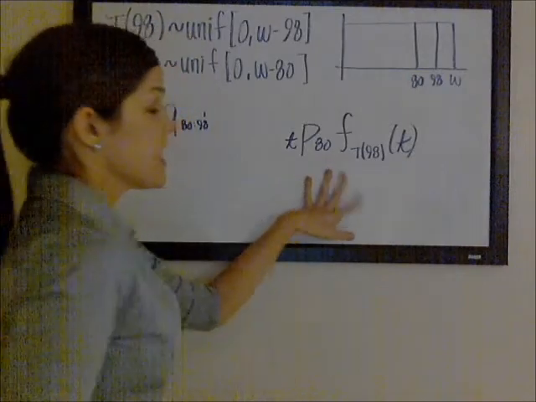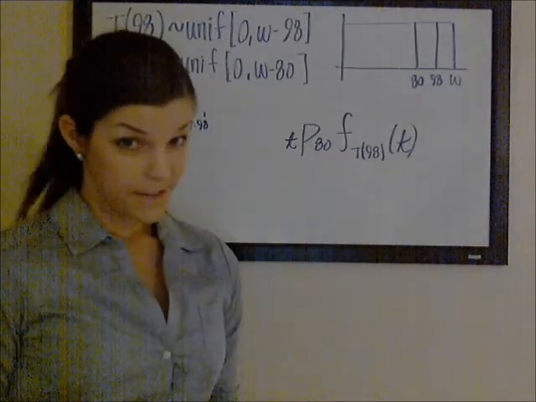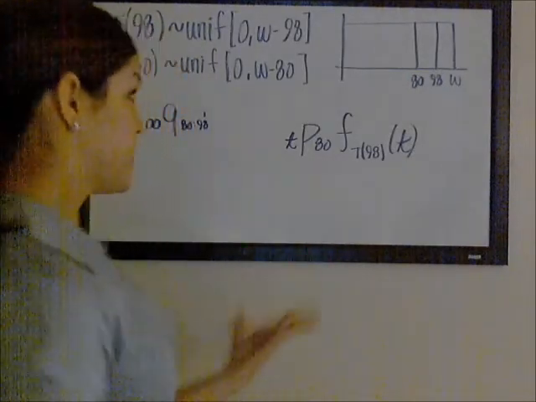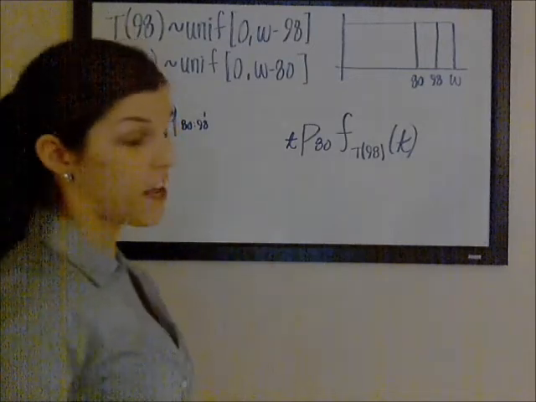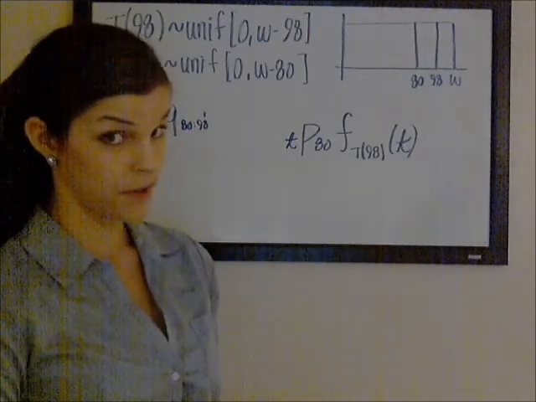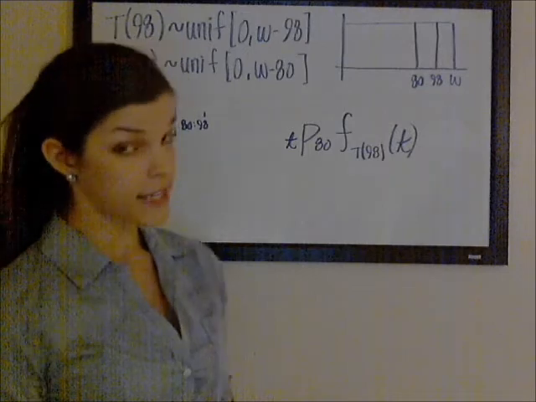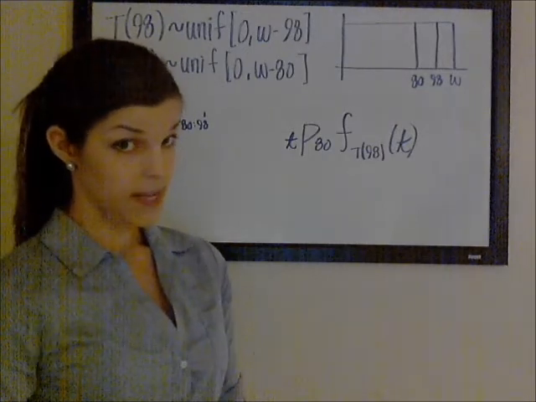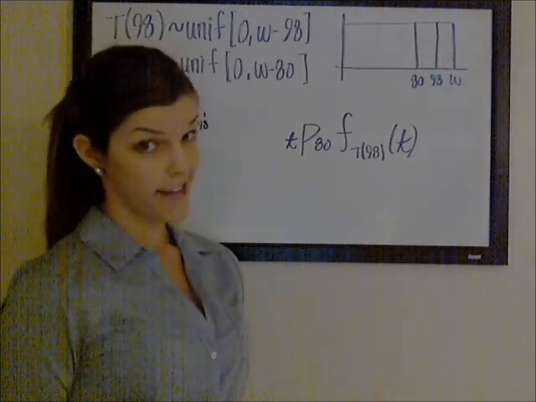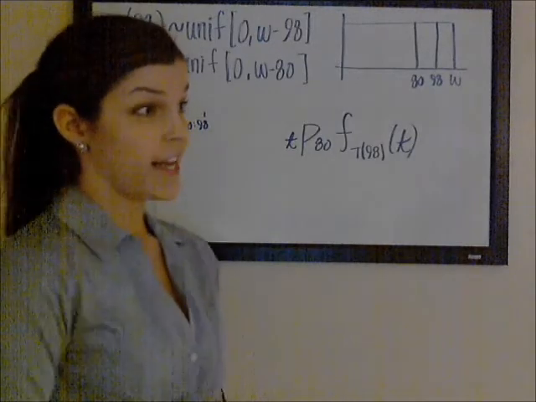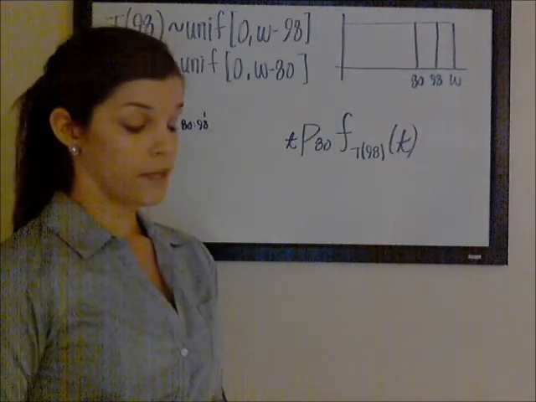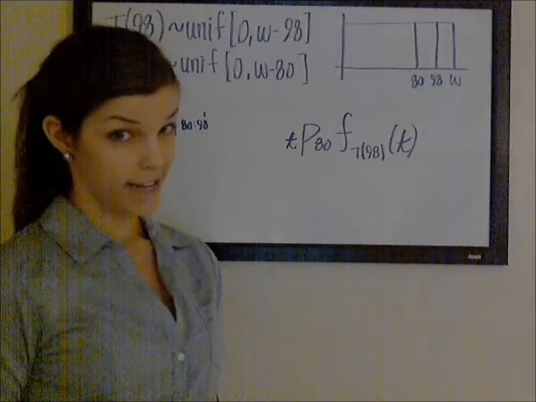Okay? But this can happen at a lot of different times t. More specifically, it can happen at any time from 0 to as long as the 98-year-old can live, because we're looking for the probability that the 98-year-old dies before the 80-year-old.